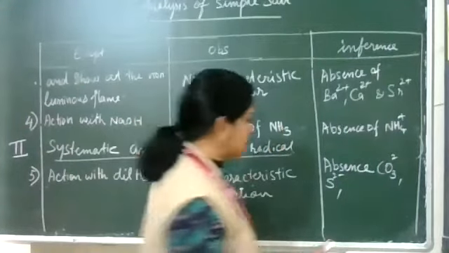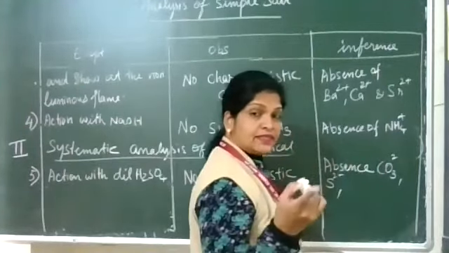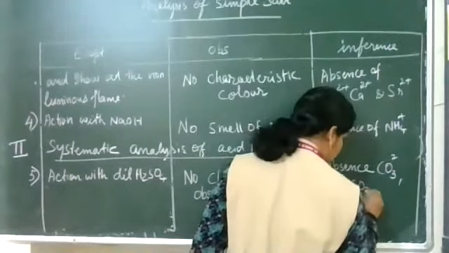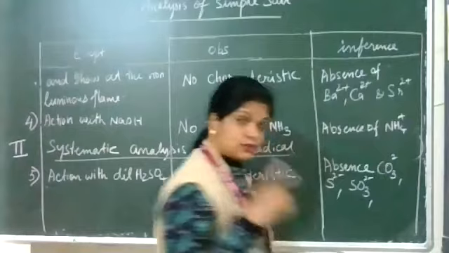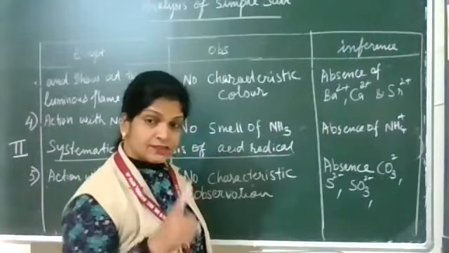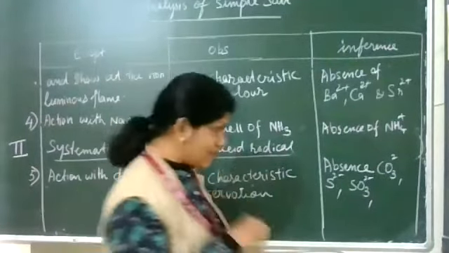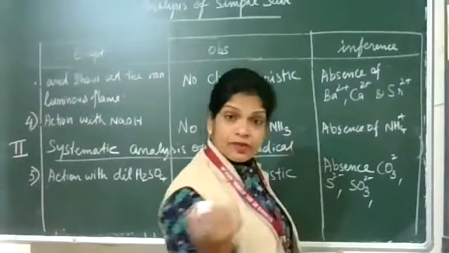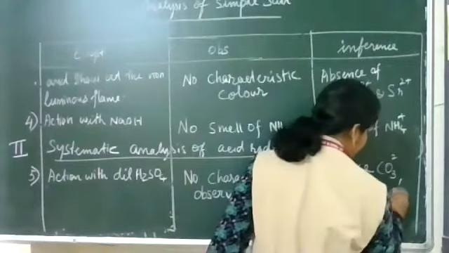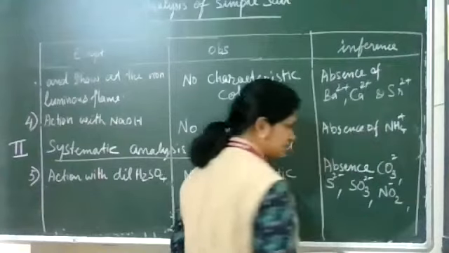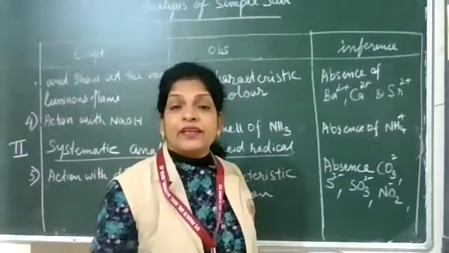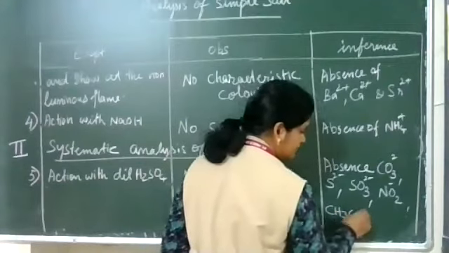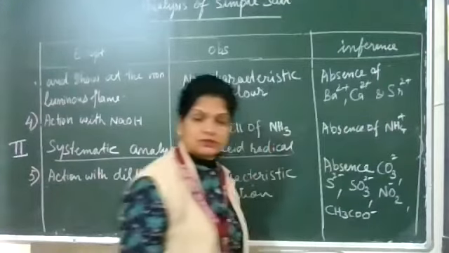No reddish brown vapors, or no gas that turns potassium dichromate paper green, so NO2 minus absence, SO3 2 minus absence. No vinegar-like smell, so acetate absent. That's it.